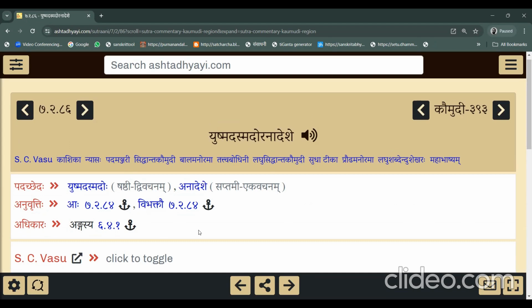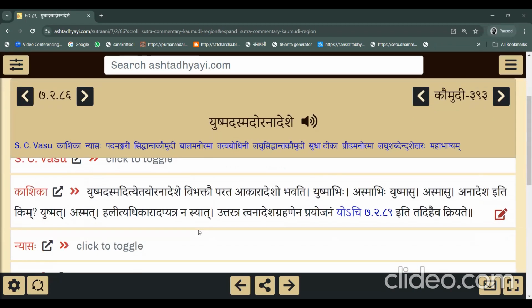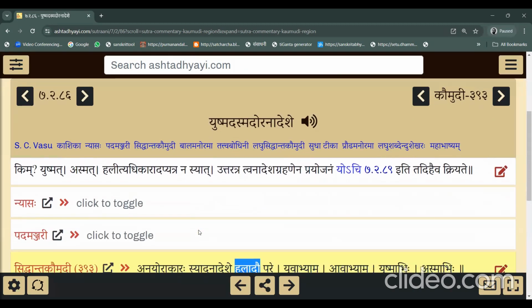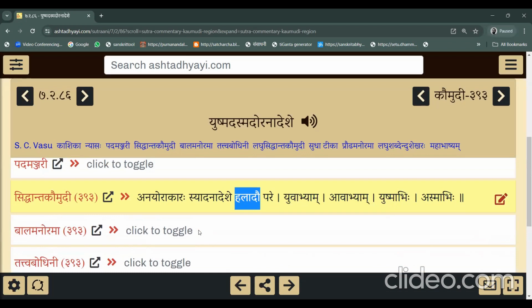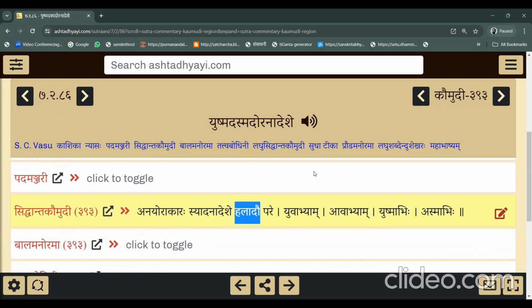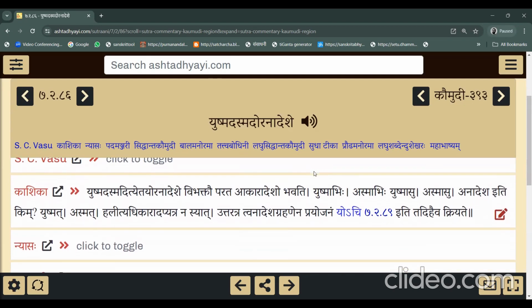Haladi is not mentioned, but the Siddhanta Kaumudi says haladi. Let us look at the Kashika. It says: anadesha iti kim?